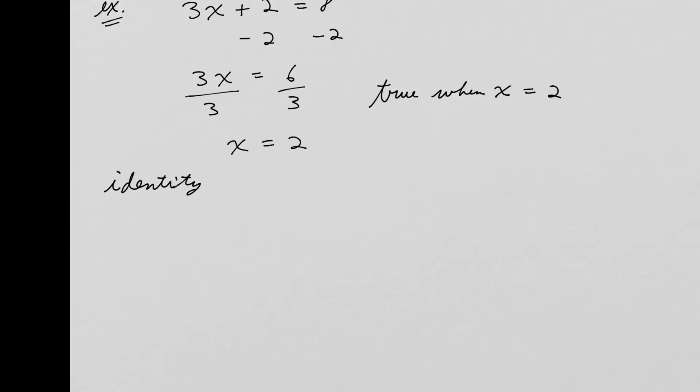This is true for all values of the variable. So the equation will be true for all values of the variable, which is usually x, but it could be really anything.